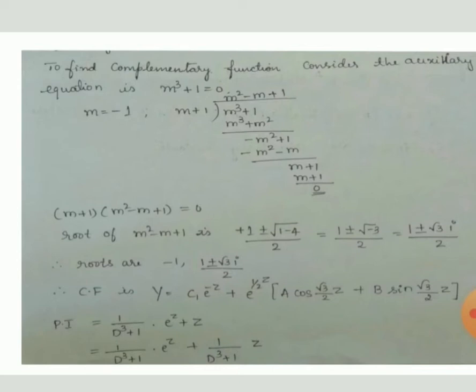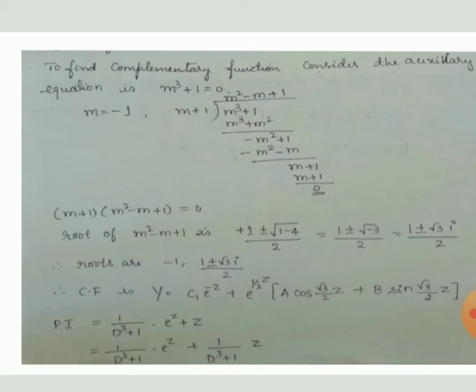To find the complementary function for equation number 2, we have to consider the auxiliary equation, which is of the form f(m) = 0. Here it may be written as m³ + 1 = 0. So we have to find the roots of m. By inspection we can say that m = −1 is the first root, so m + 1 is a factor. Now divide m³ + 1 by m + 1. We obtain m² − m + 1 as the quotient.